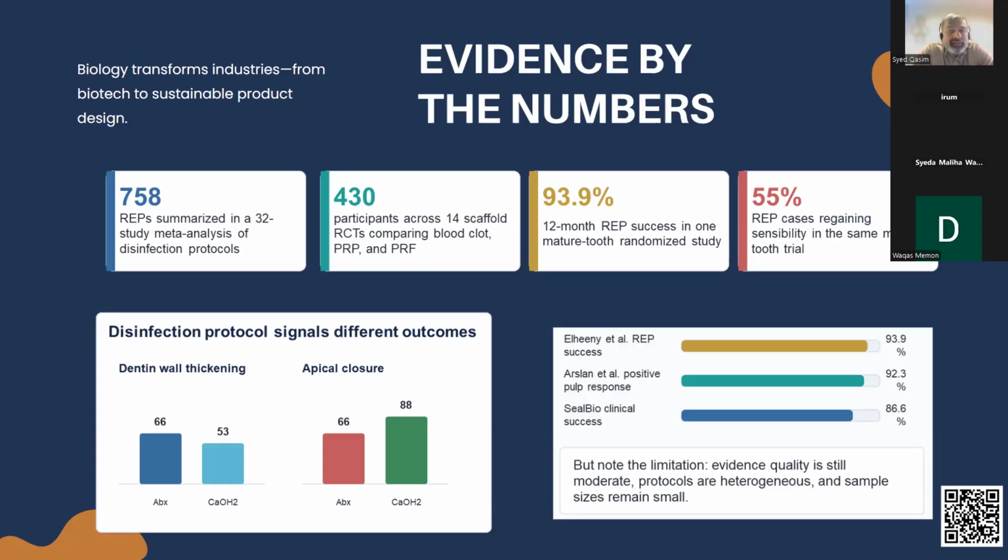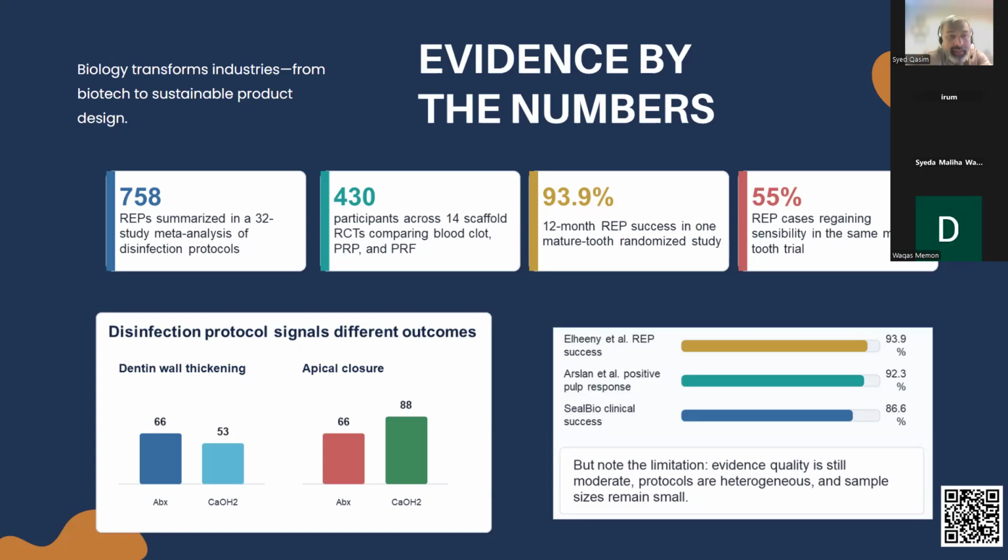And the strongest signal was for root length change, rather than universal superiority across every endpoint. So what I'm trying to say here is that I've cited this and given you a QR code. You can go onto the scientific paper and read more on it.